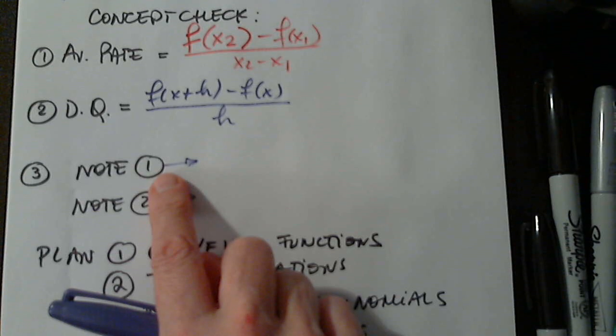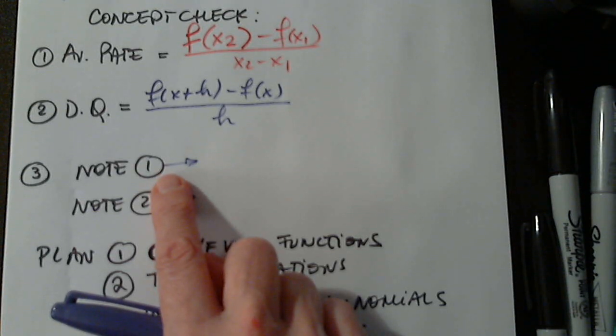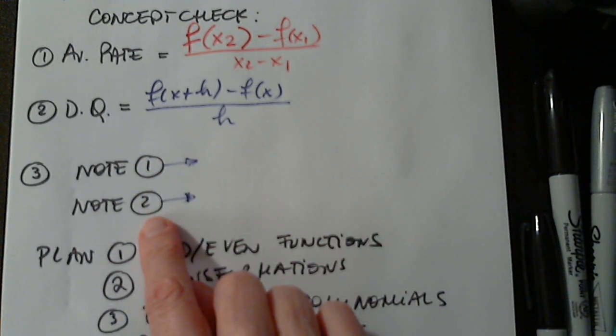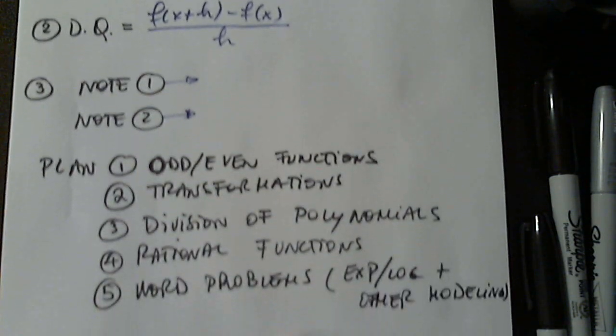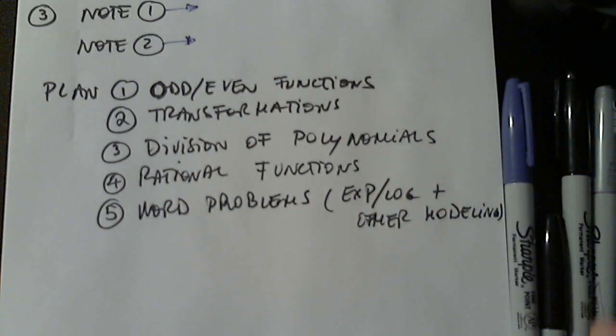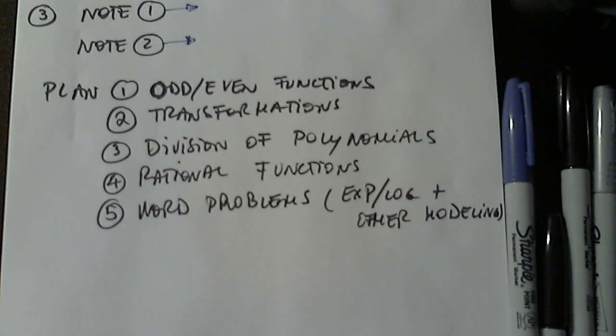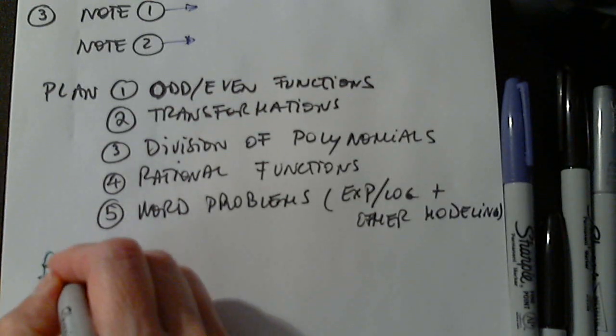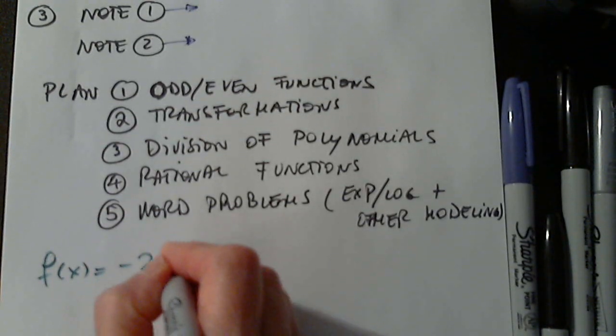If it doesn't simplify, I have to go back and start from scratch. Awesome. And the final note, what is the second note? You have to get rid of h in the denominator. Excellent, that's it. That's all there is to it.